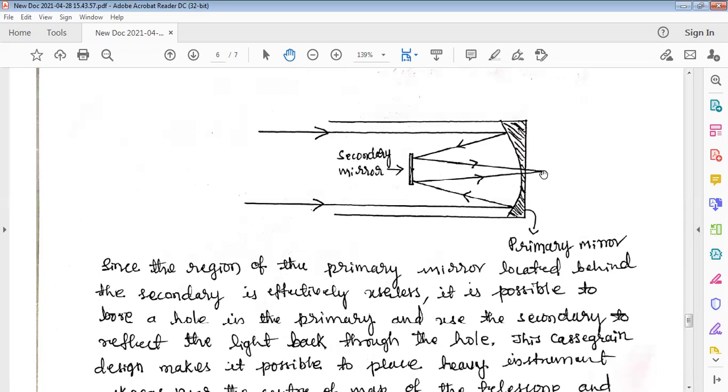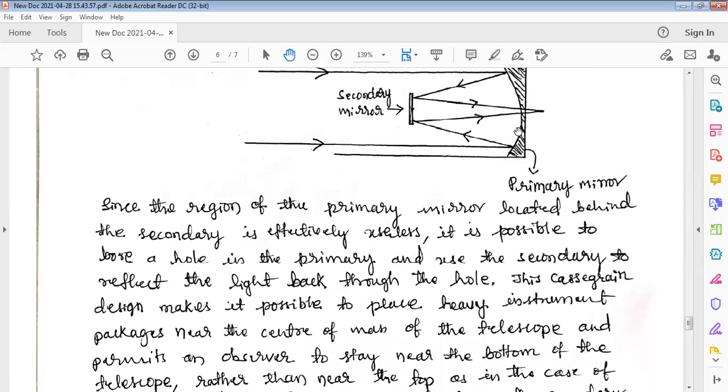Now I will read out here. This is the primary mirror and this is the secondary mirror. Since the region of the primary mirror located behind the secondary is sufficiently useless, that area is useless, and it is possible to bore a hole in the primary and use the secondary to reflect the light back through the hole.